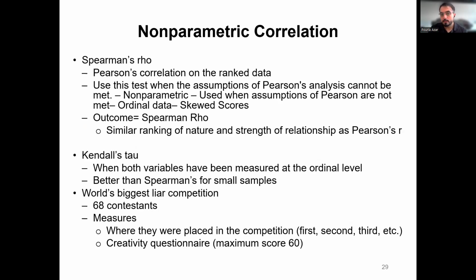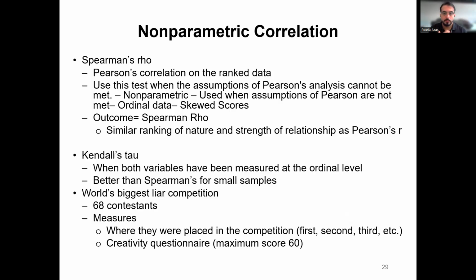For the non-parametric correlation analysis, Pearson's correlation analysis is a parametric analysis, and we have two main types of non-parametric correlation analysis. So we have Spearman's rho and Kendall's tau. For Spearman's rho, we are ranking the data.